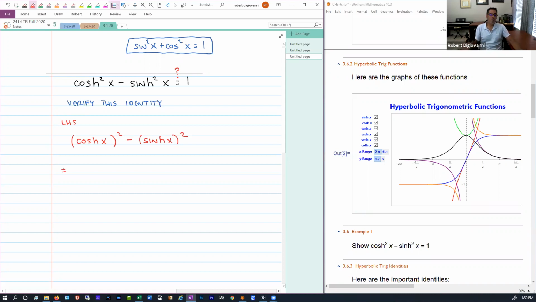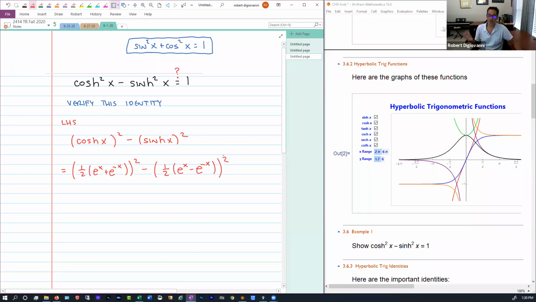Now, the only thing I know is the definition of each of these. So I know that cosine hyperbolic x, by definition, is 1/2 e to the x plus e to the negative x. But I need to square that. And then minus, now sine hyperbolic x is 1/2 e to the x minus e to the negative x, and then all of that squared.